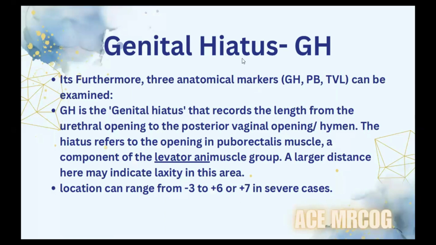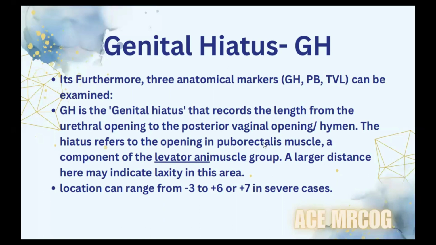Okay, so let's study a bit. Genital hiatus is basically the length from the urethral opening, the external urethral meatus, to the posterior vaginal opening or hymen. It is basically an opening in the puborectalis muscle. If the distance is larger, this may indicate that there is laxity. The location can range from -3 to +6 or +7.